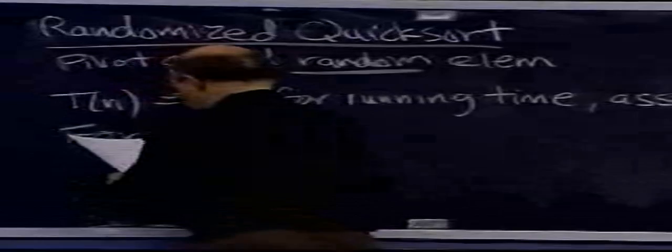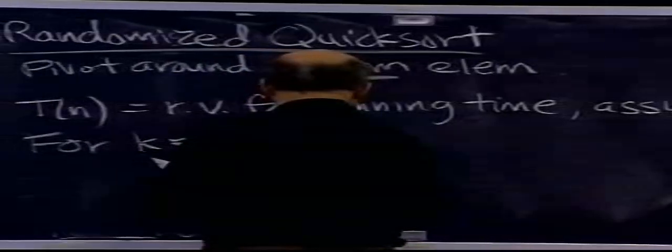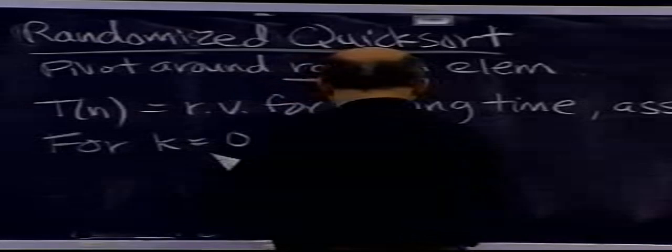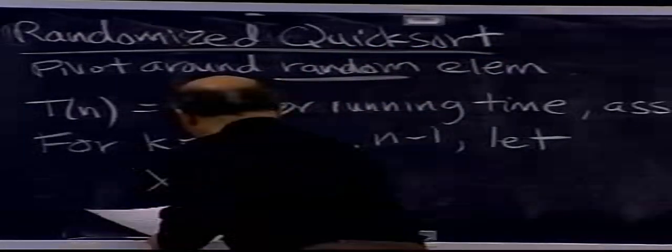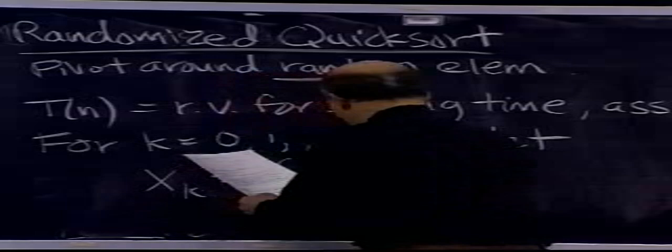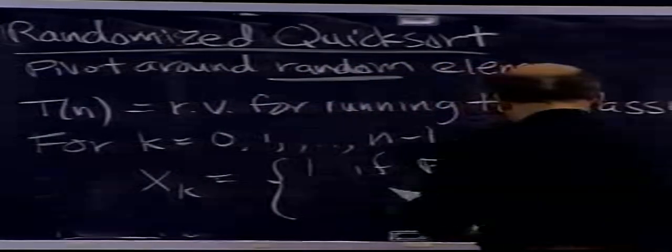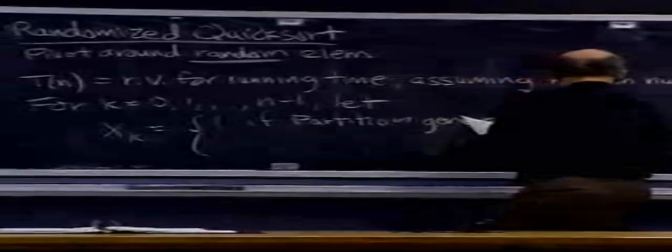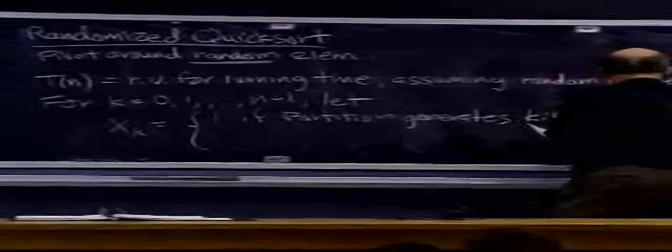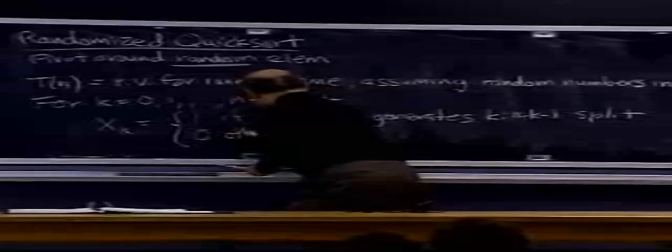For k equals 0, 1, up to n minus 1, we'll let X_k be defined to be 1 if partition generates a k to n minus k minus 1 split, and 0 otherwise.